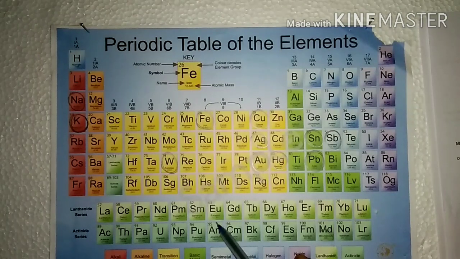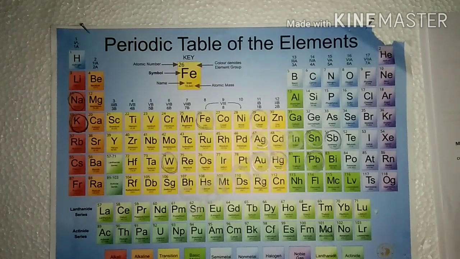Eu stands for europium, on behalf of the continent that is nothing but Europe. Here one more example, holmium, Ho, on behalf of the motherland that is Holland. Here one more element is there, Cf, californium, on behalf of the area called California.